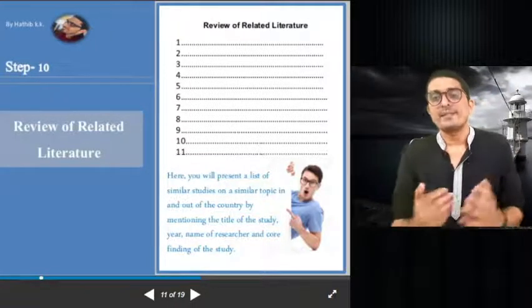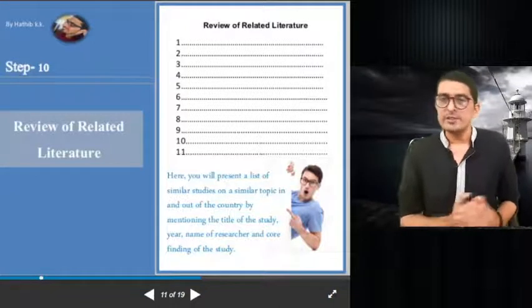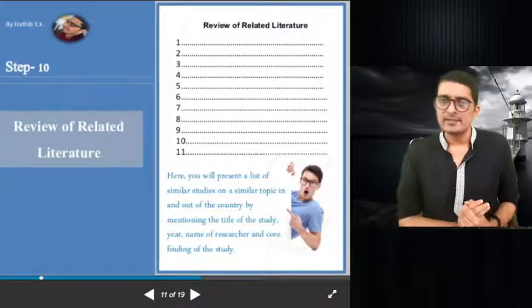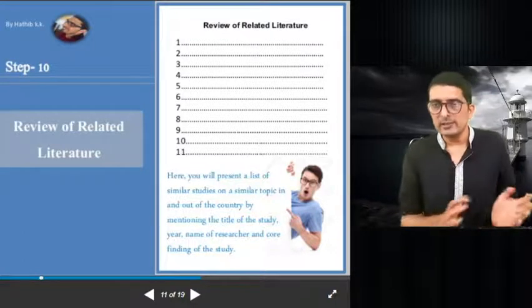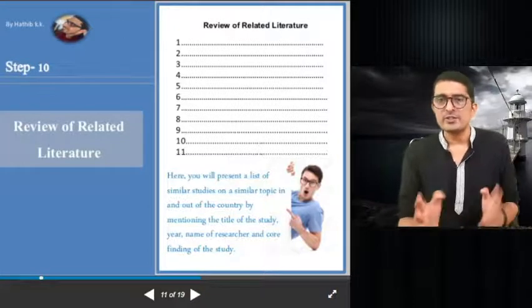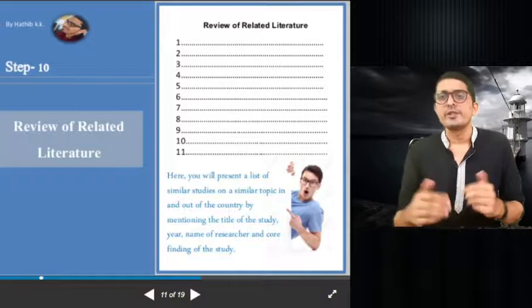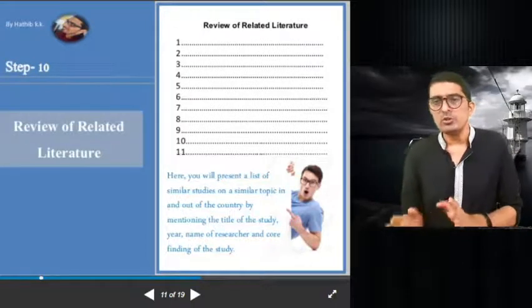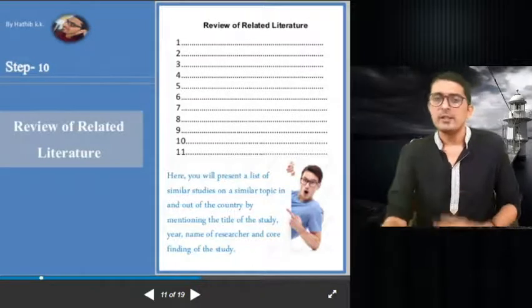So you have to present some studies which have already been conducted by others. And you have to tell that there are some limitations, there are some deficiencies, or these studies were not able to find out some solutions for the present situation. So you are going to conduct a new study. You can mention so.